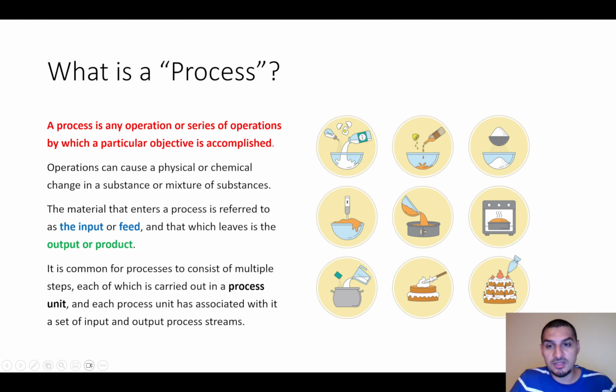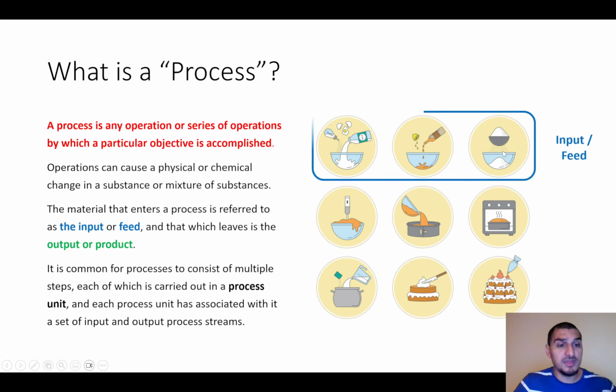In this case, we have chemical changes because we start with different materials, and the product is something with totally different chemical composition. So this is a chemical process. Here we have input to the process. The input is the milk, the egg, the oil, the lemon, the wheat, whatever we put, it's called the feed or the input to the process.